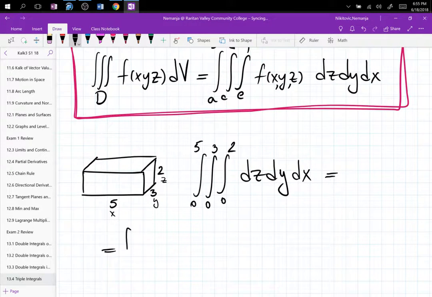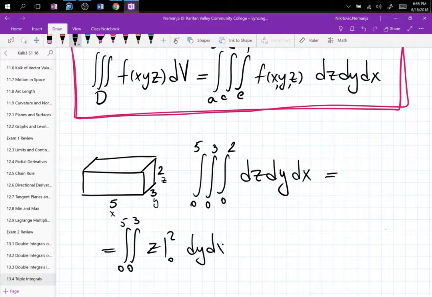So you integrate the inside first. Obviously, these take forever to solve and lots of writing because it's a triple integral. We have z calculated from 0 to 2, dy dx.